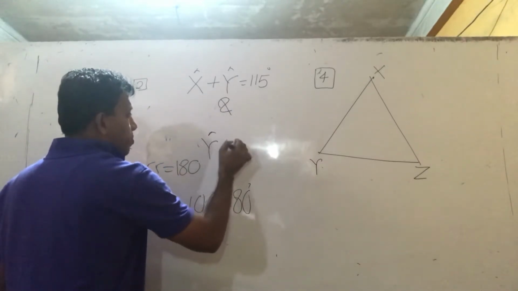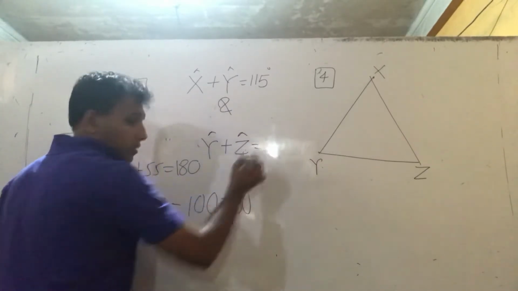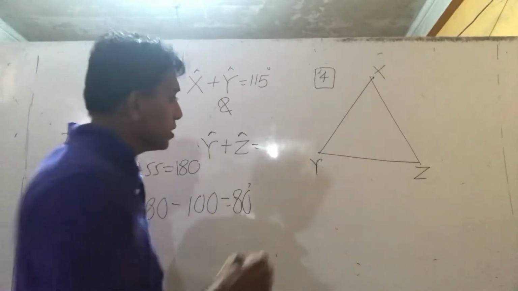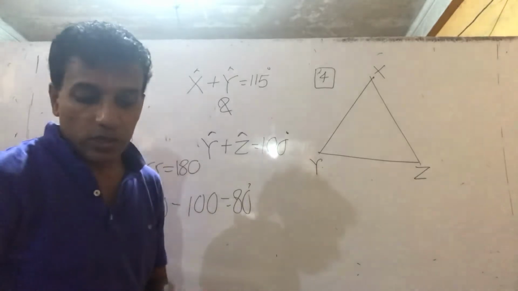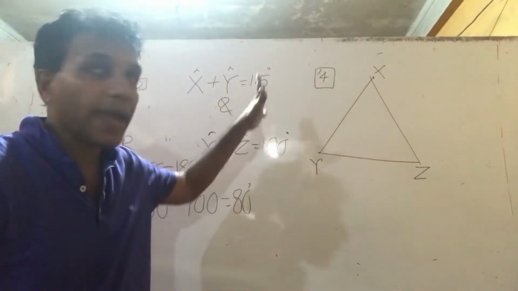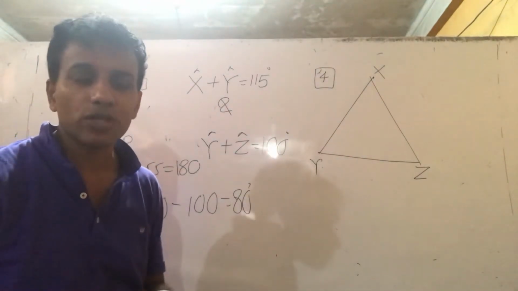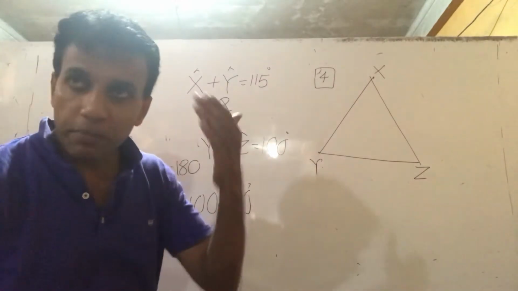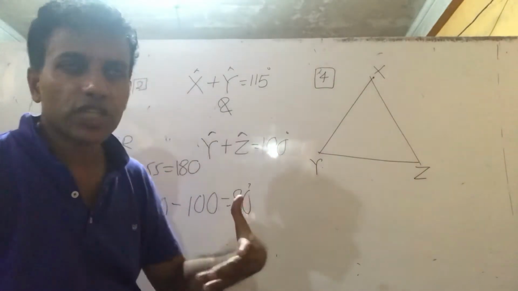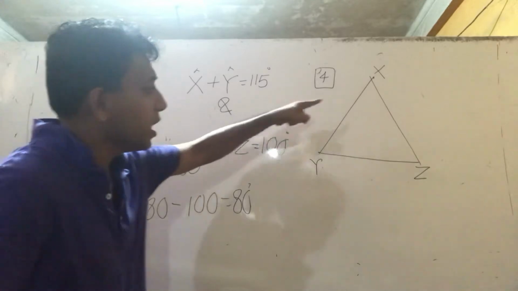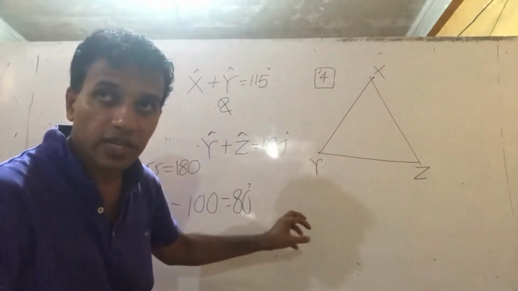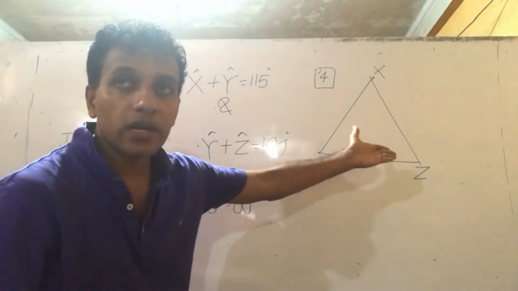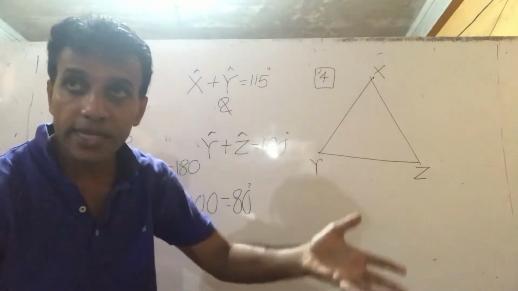Y plus Z, see Y plus Z equal 100 degrees. Then they ask complete the angles of the triangle. Simple question, right? That's a mental calculation, oral discussion. X plus Y 115. If two angles 115, what is the third angle? All three 180.